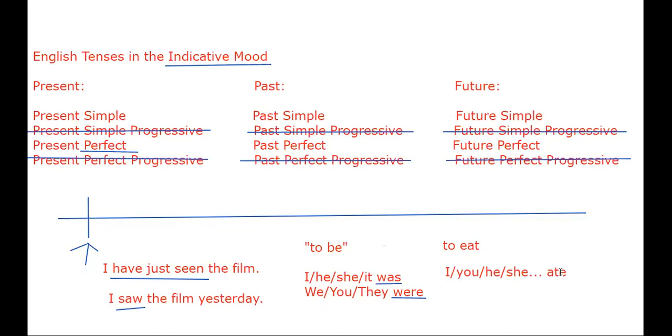So every person gets the same conjugation for every verb except for the verb to be. To be is a special case. But for every other verb, everyone gets the same conjugation in the past. So I ate, you ate, he, she, it ate, we ate, you ate, they ate. It's all the same. So that's how you conjugate that.